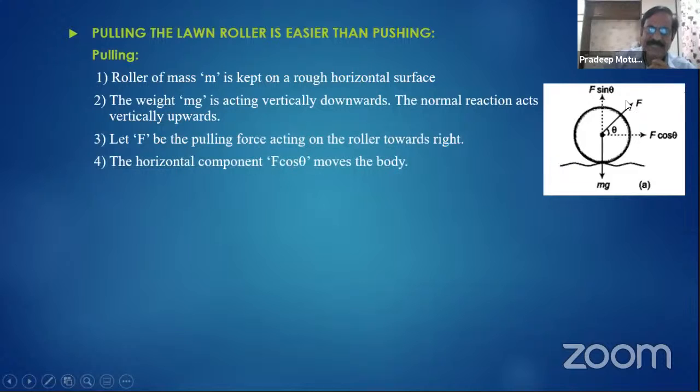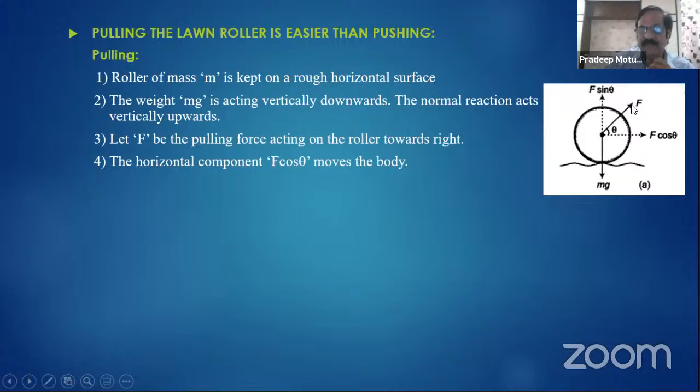Observe. Let F be the pulling force acting on the roller towards the right. This is the force we are applying towards the right-hand direction. Whenever you apply a force, it is resolved into two components, the horizontal component and the vertical component.